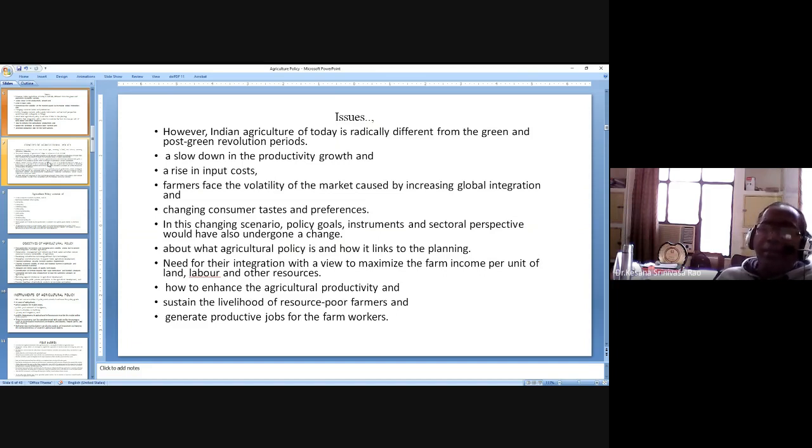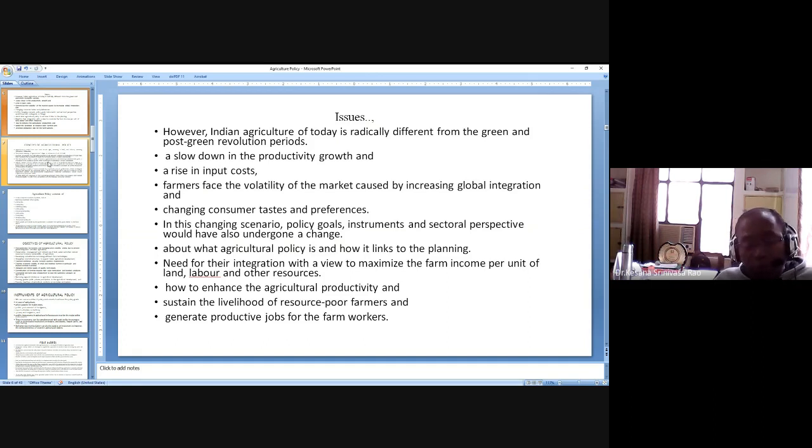But not in the developing countries, especially in my country and in other developing countries, it has not taken place in such a manner. There are several problems and issues which have arisen, because the consumption pattern has grown up.